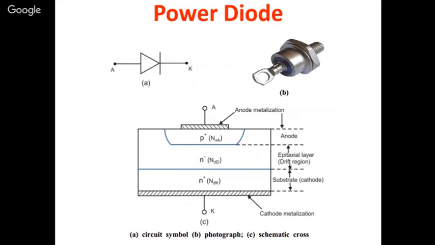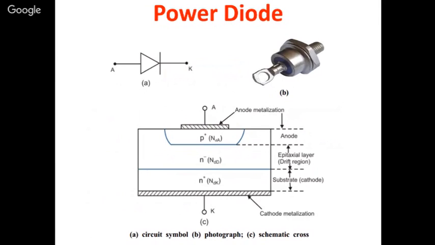When it is N plus, more electrons are there, so the voltage withstanding capability will increase. N minus and N plus are the two extreme things, and N is near to N minus, so the voltage will drop faster compared to N minus and N plus.